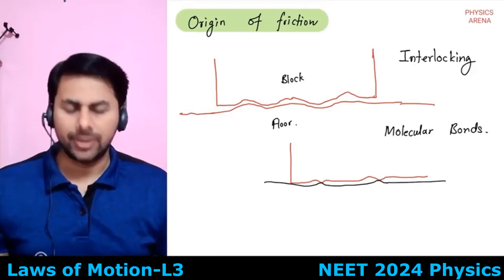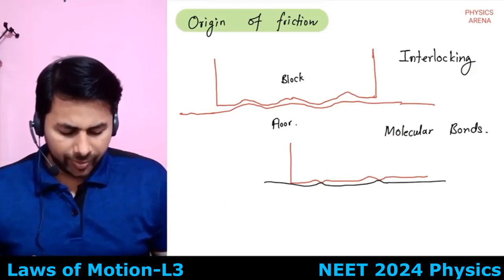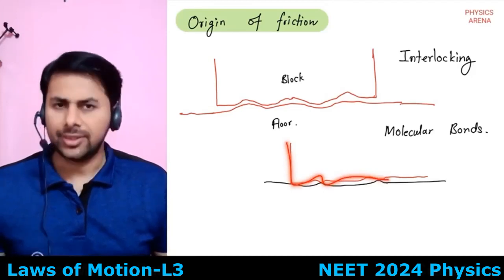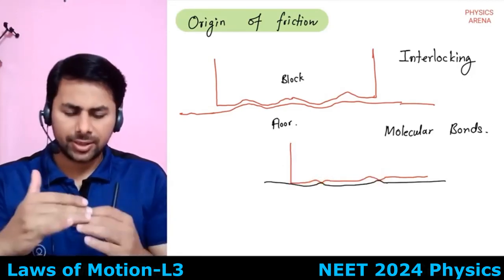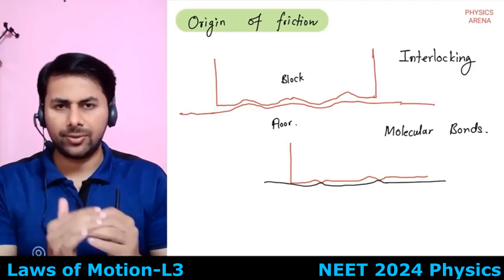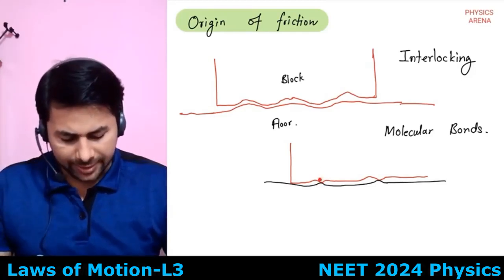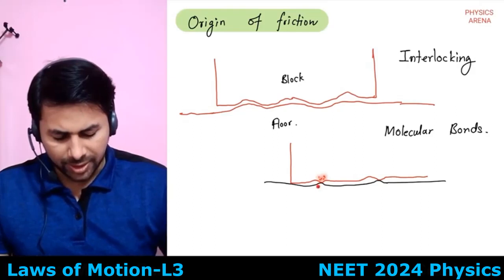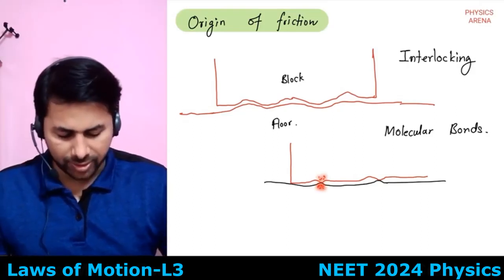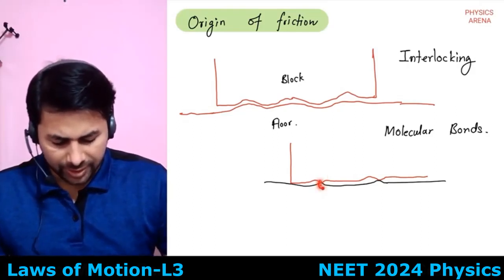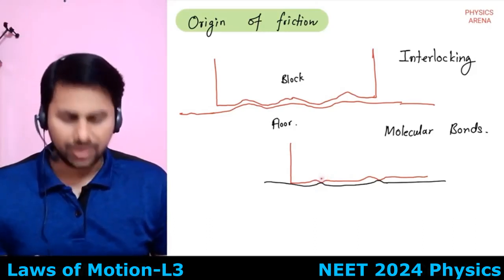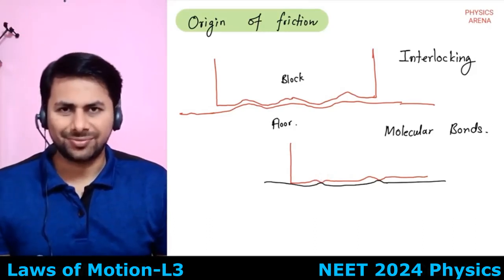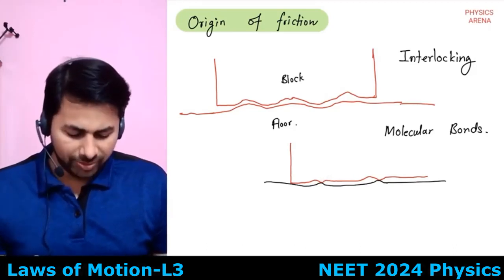What are molecular bonds? Now see, these two bodies are in contact with each other. Some parts of these two bodies are so close, they are very close, such that atoms or molecules in this body and atoms and molecules of this body which are in this region can't distinguish between the two bodies. So what do I mean?